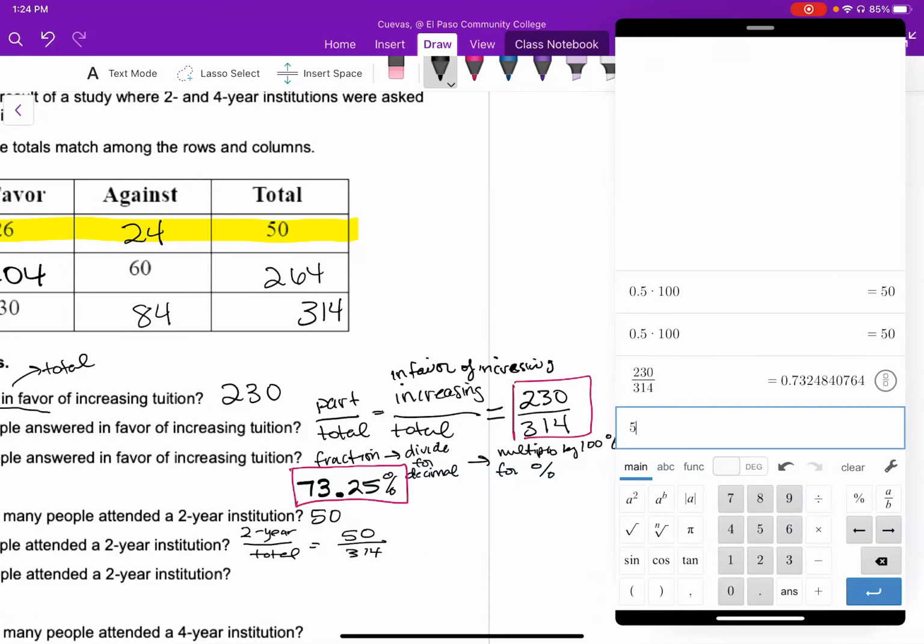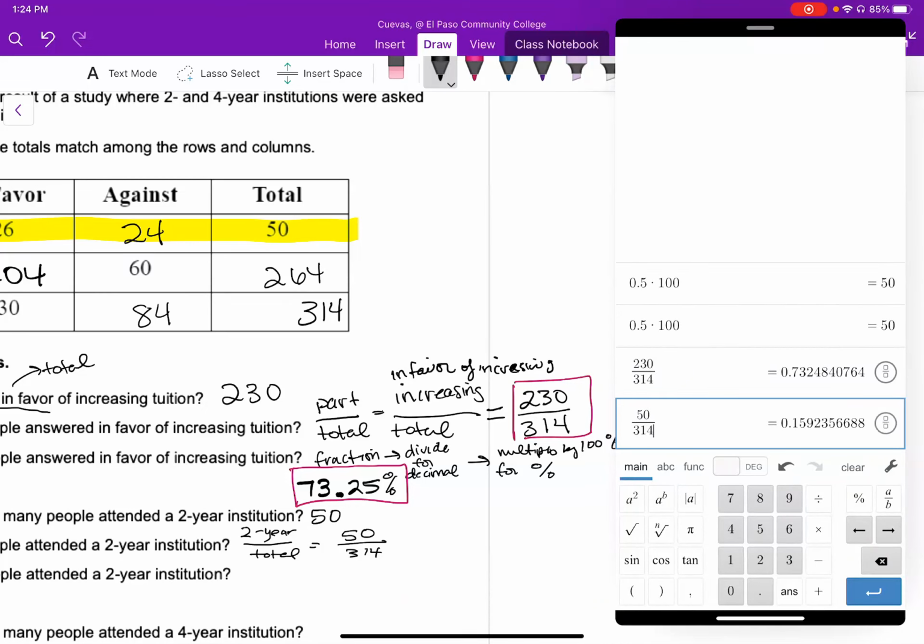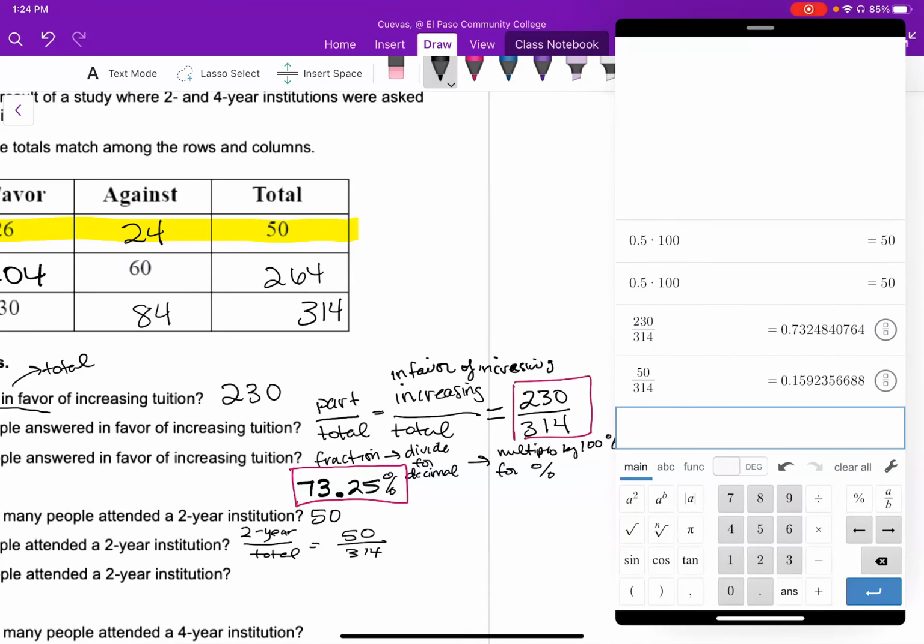So this is going to be 50 divided by 314. And so this is going to be approximately 15.92. If you notice the last number is a 3, so if I was rounding, this 2 would stay, it would not go up. So I have 15.92%.